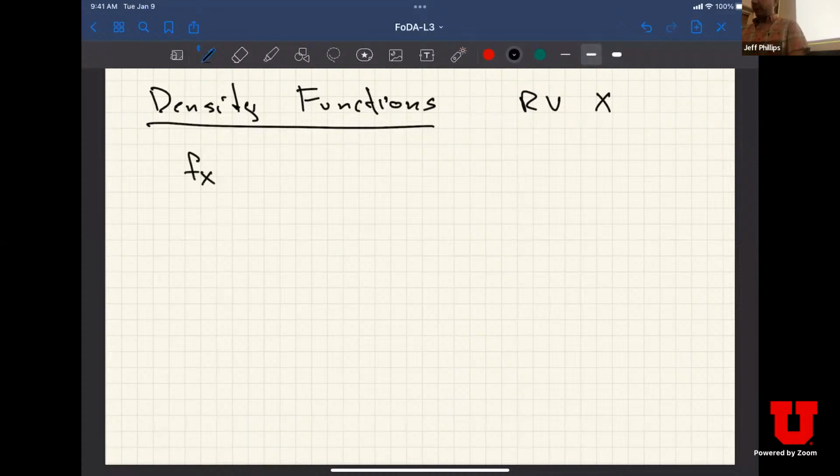This will be a function from the sample space, and typically the outcome will just be real-valued scalars. In some cases we'll want to think about vector-valued outcomes, but we're not going to worry about that right now.